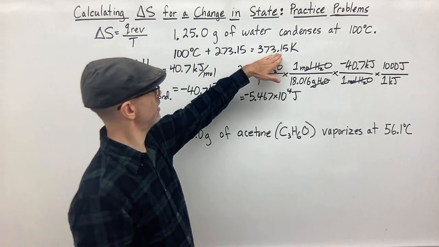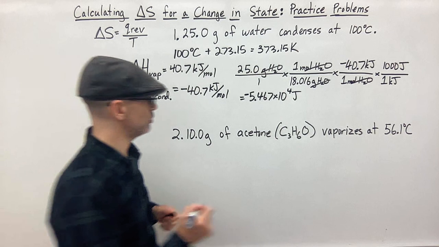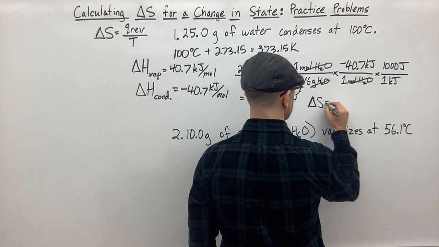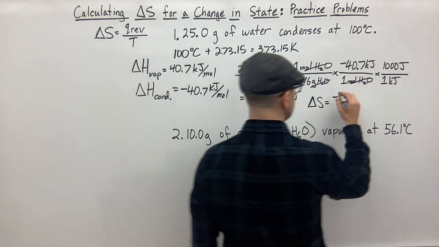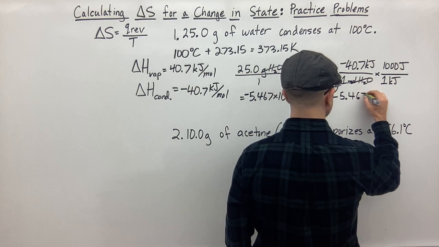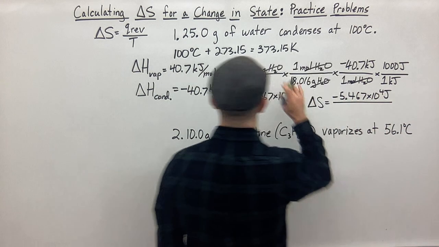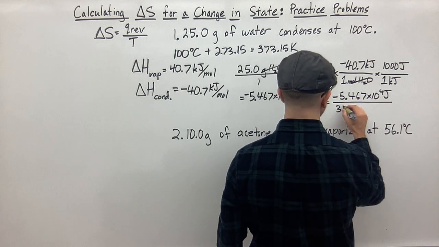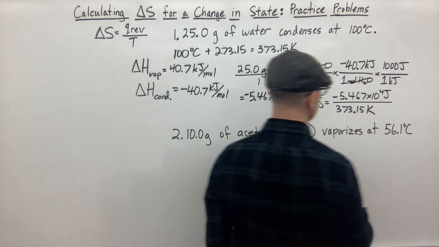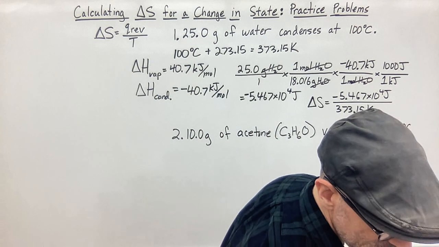I have the temperature. So now using this equation, I just divide the two. Delta S is going to be equal to negative 5.467 times 10 to the 4 joules divided by our temperature, 373.15 Kelvin. I divide that, and what answer did I get?